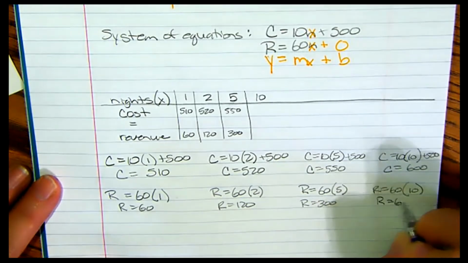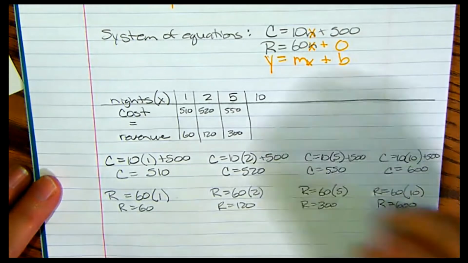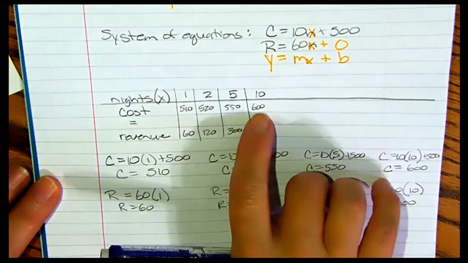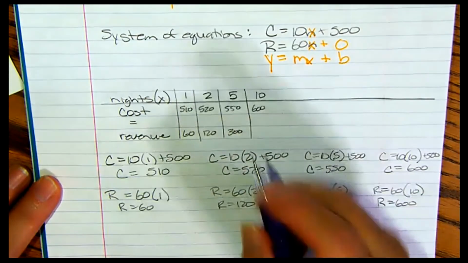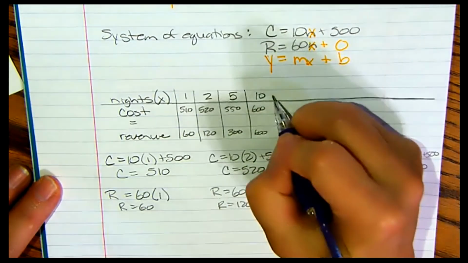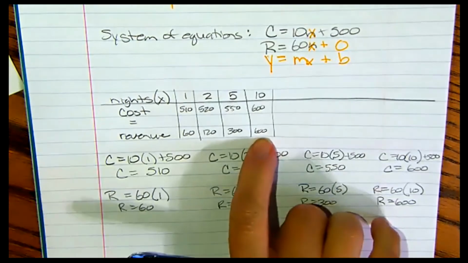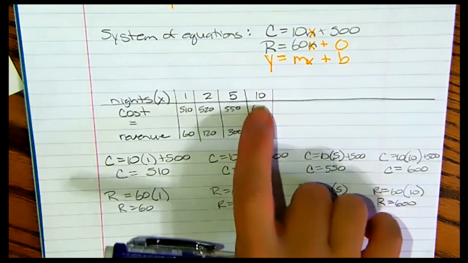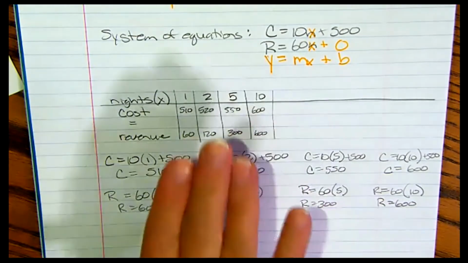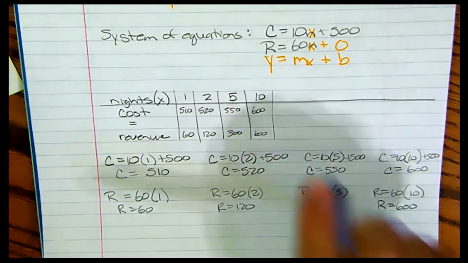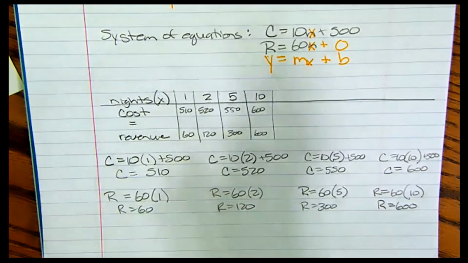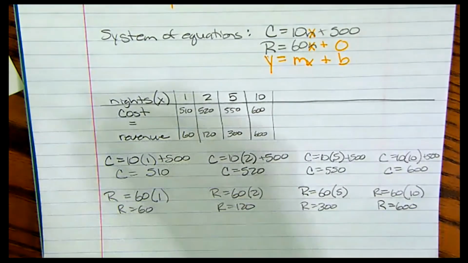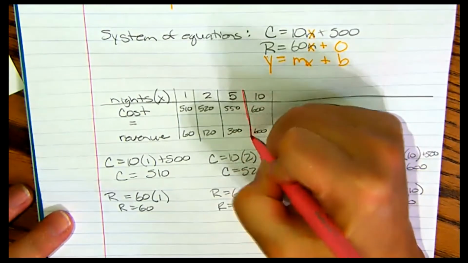Oh, look at that. So on the 10th night, my cost is $600 and I have now made $600. So it takes me 10 nights to break even. Anything after 10 nights is profit. So let's take a look at what this is telling us.